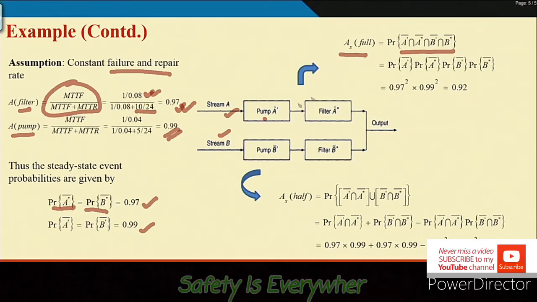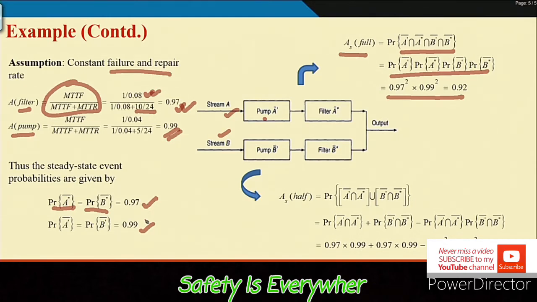Now you know all those events are independent, so you are multiplying all the probabilities and you are getting this. Now what is the probability of A dash bar? This is nothing but the availability of pump, which is 0.99, and the availability of filter is 0.97.